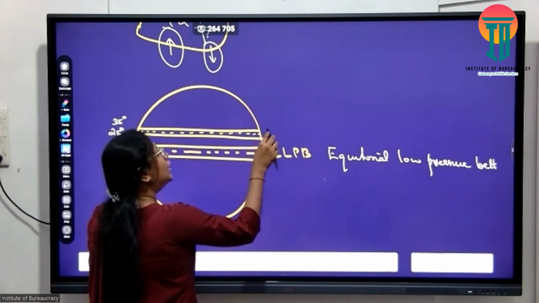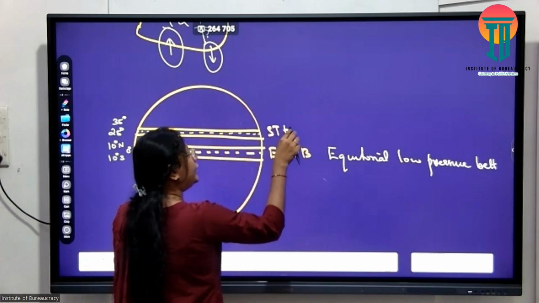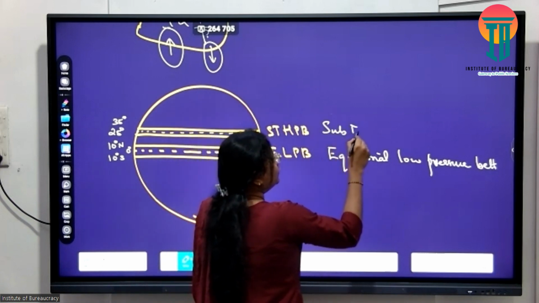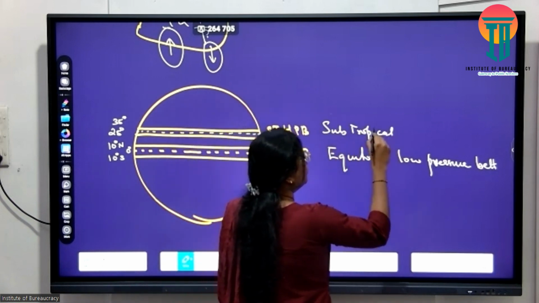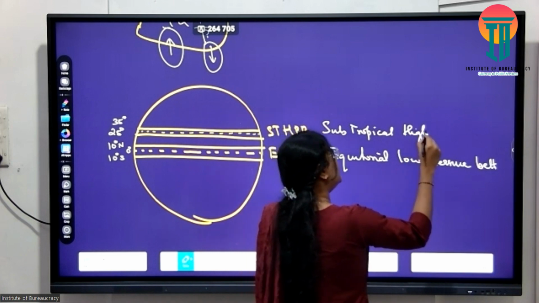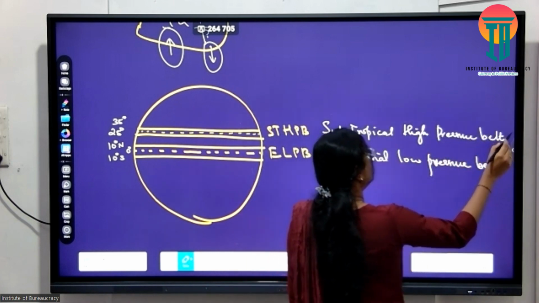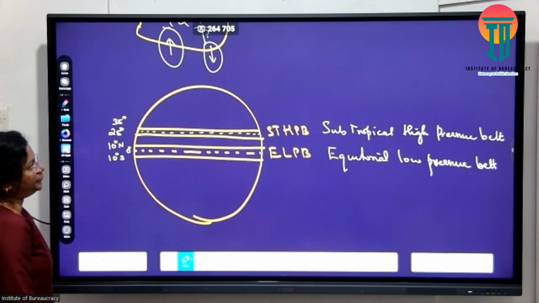This is known as the subtropical high pressure belt.